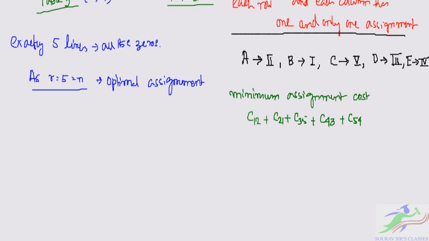Now the calculation will be 5 plus 3 plus 2 plus 9 plus 4, which is equal to 23. Okay, so this is the minimum assignment cost.